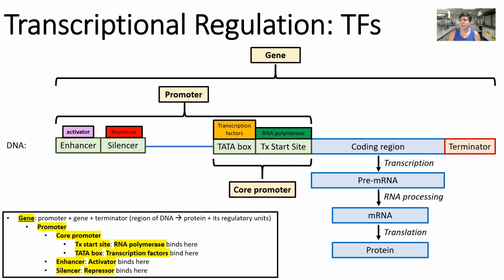Then closer to the coding region, you have the core promoter, which includes the TATA box, where the general transcription factors bind, and then the transcriptional start site, where your RNA polymerase binds. That gives us a better idea of how, at the gene level, the DNA level, we can regulate whether a gene is turned on or off.